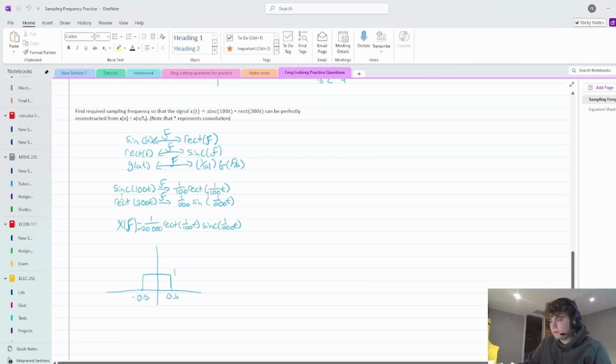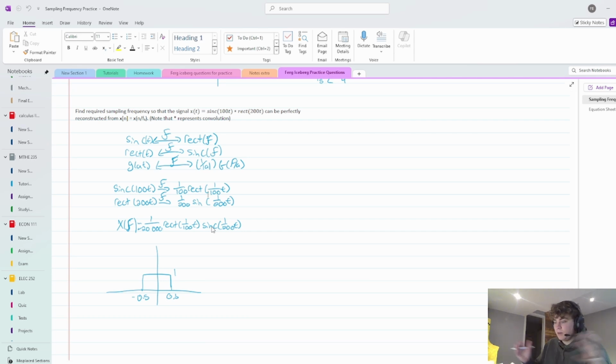But with this 1 over 100, if you think about properties of a function, you're actually stretching out the function by 100 times. So when you have rectangle of 1 over 100t, you end up with this: -50, 50, and 1.